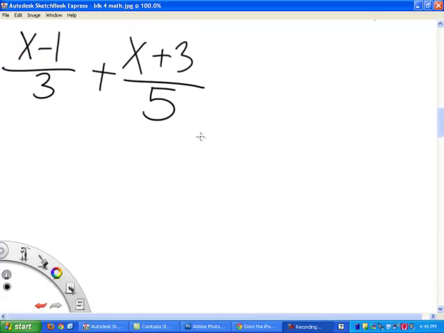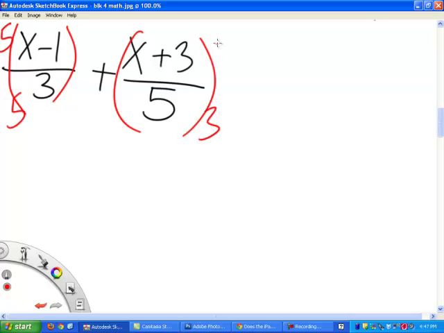Number 22. What is the sum of x minus 1 over 3 plus x plus 3 over 5? So the first thing that we're going to want to do is get the denominators to be identical. So I'm going to multiply the left side by 5, the right side by 3, because I know that ultimately the denominator will be 15.